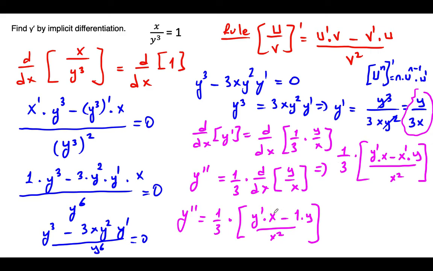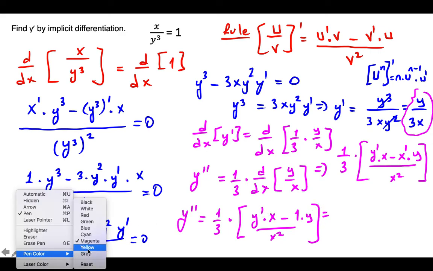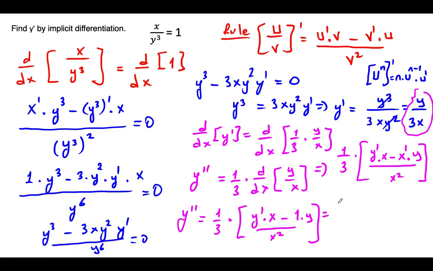So if I substitute here, it will be 1 over 3 times y prime, which is y over 3x, times x, minus y divided by x squared.